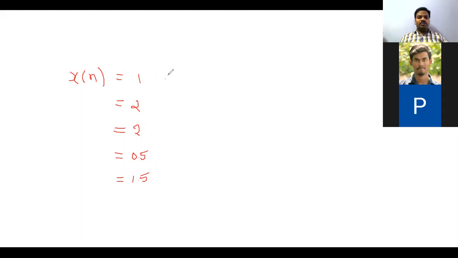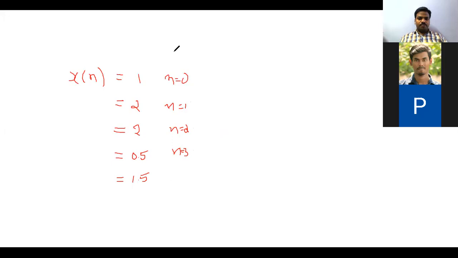This is at n is equal to 0, this is at n is equal to 1, this is at n is equal to 2, n is equal to 3, and this is n is equal to -1.